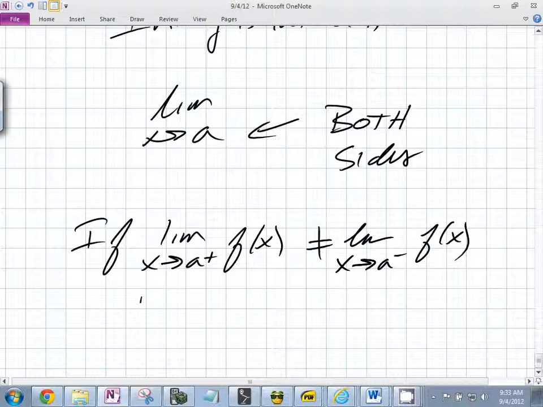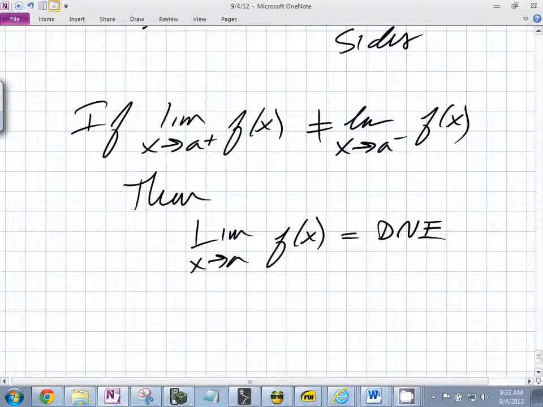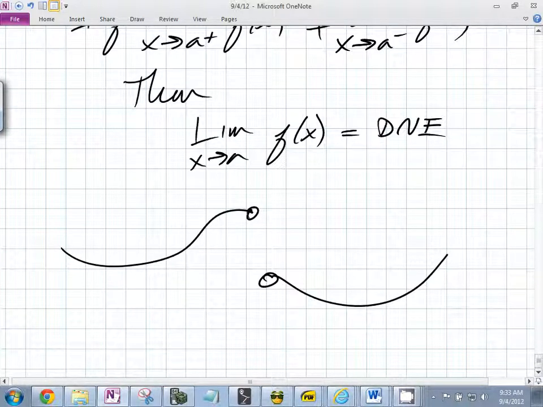Here's a simple version of this. Let's say a function went to here on the left, and it went to here from the right. Here's x equals a. It's going to different values. So what do you say the limit is as x goes to a? Does not exist. So what's one way to prove the limit doesn't exist? Show that the left hand limit does not equal the right hand limit. That's it. There's a lot of text to explain this in your book, but that's a simple way of putting it.